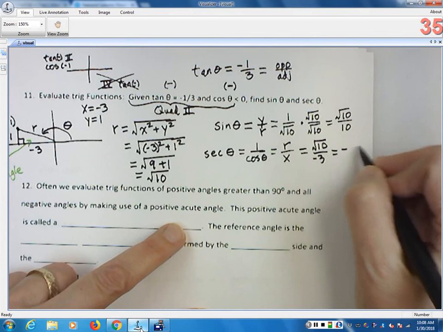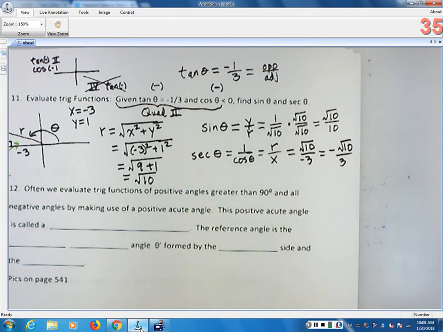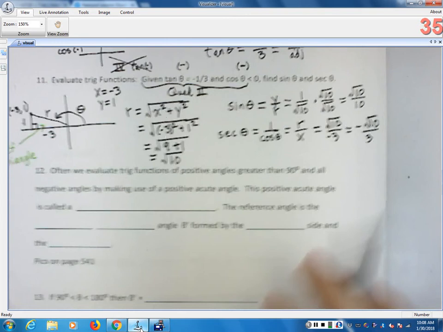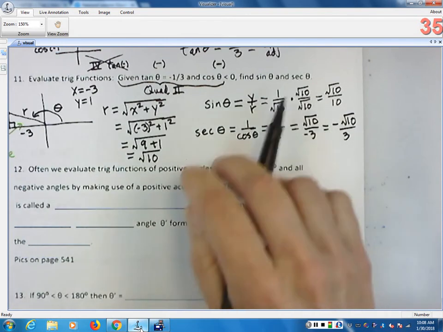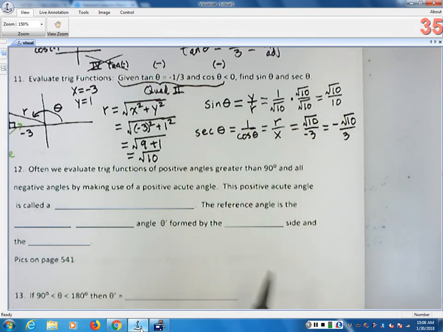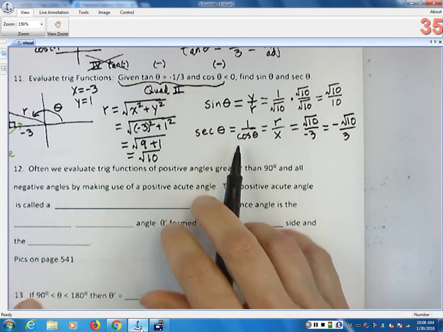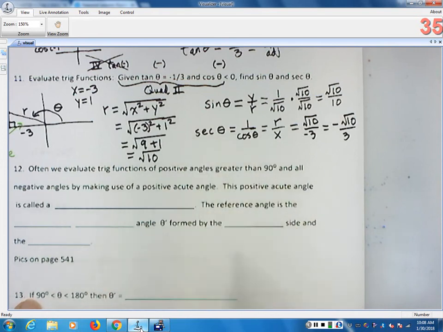We get negative square root of 10 over 3. Okay, and we got the right signs for sine and secant. Cosine was negative, so secant will end up being negative.